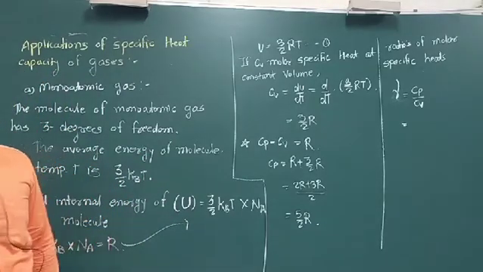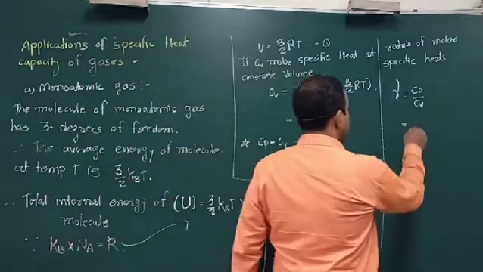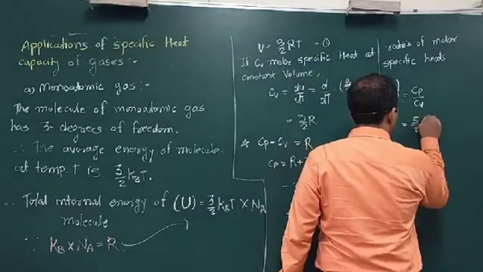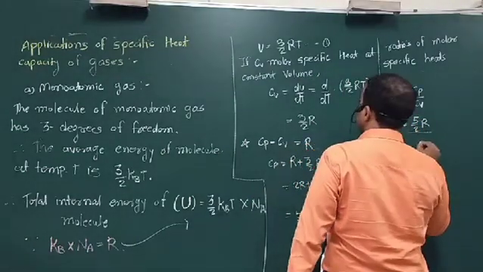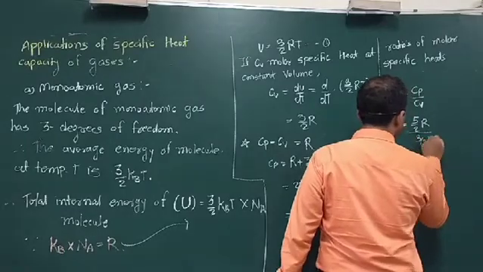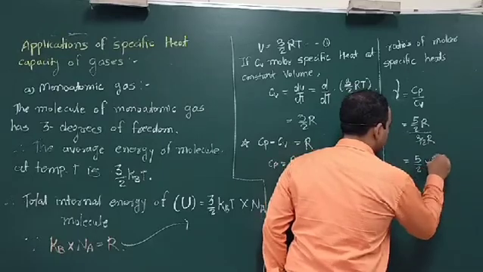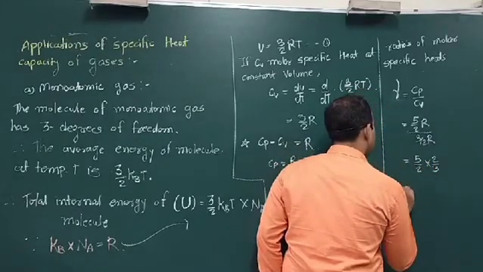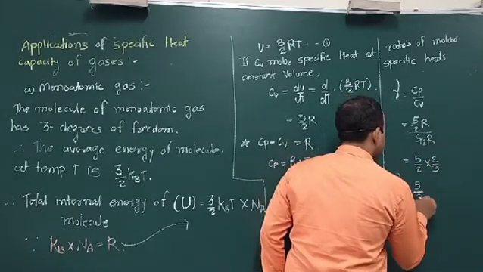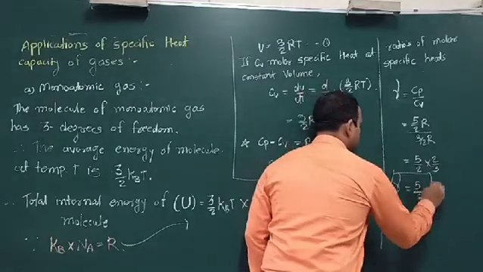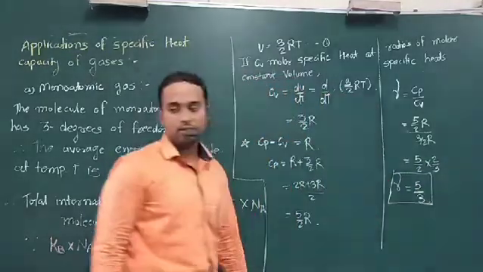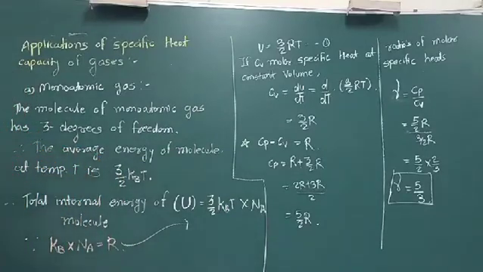So we get 5/2 R divided by 3/2 R. R gets cancelled, so 5/2 into 2/3. So gamma is equal to 5/3. This is for monoatomic gas.